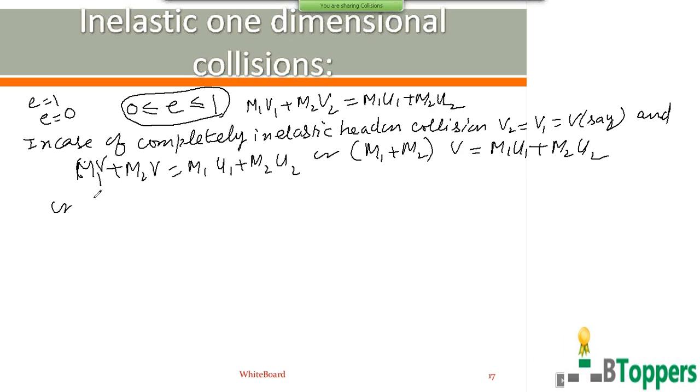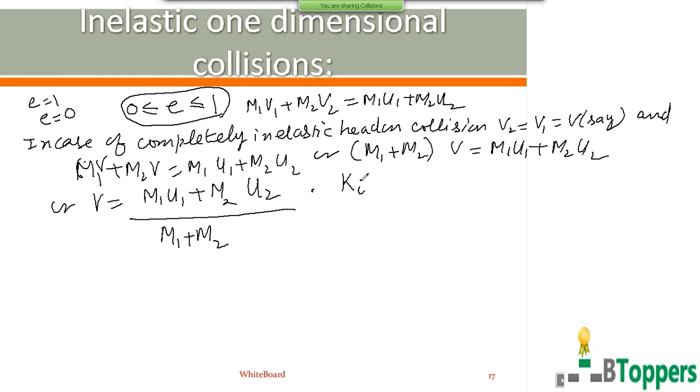So the common velocity v of the two colliding bodies after the collision is given by (m1 u1 plus m2 u2) by (m1 plus m2).